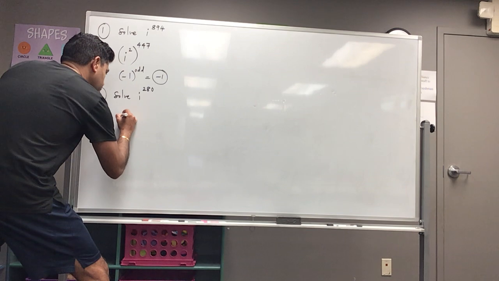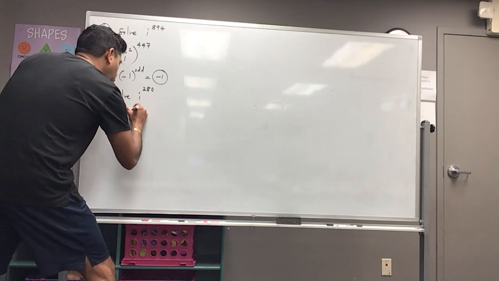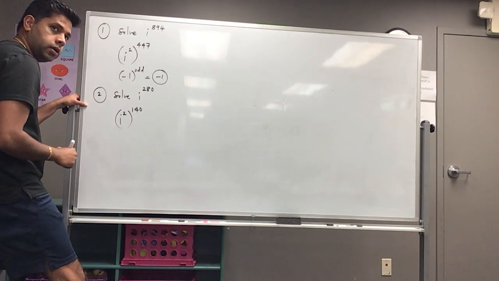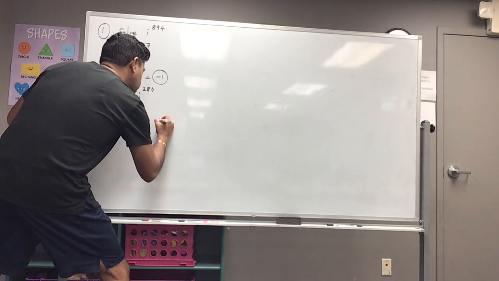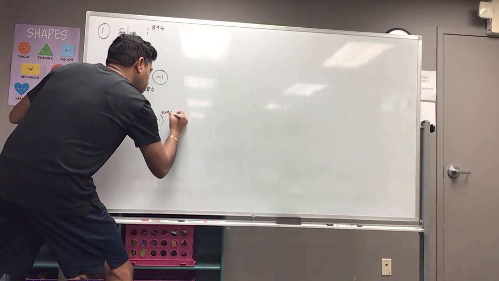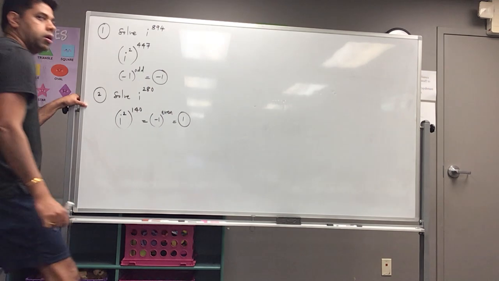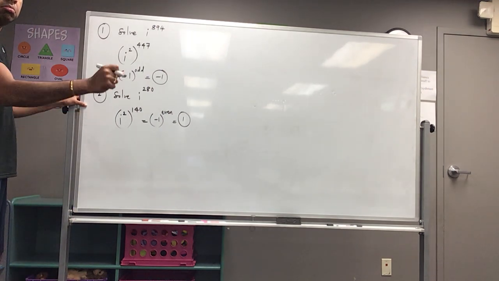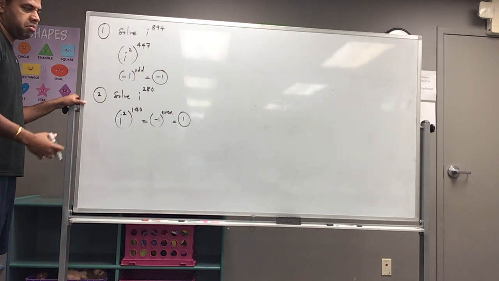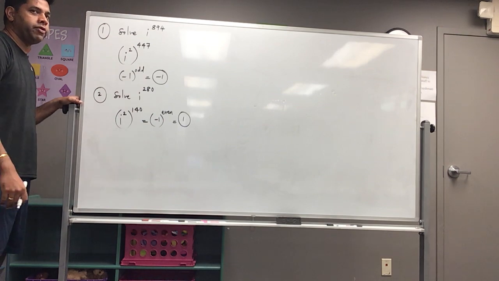So you take i squared raised to what? 140, right? So negative 1 raised to an even number is 1. Make sense? Boom. If you know this, you can do it in 10-15 seconds.